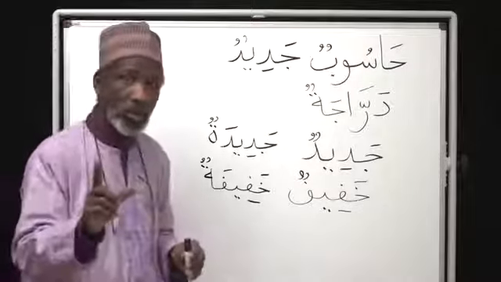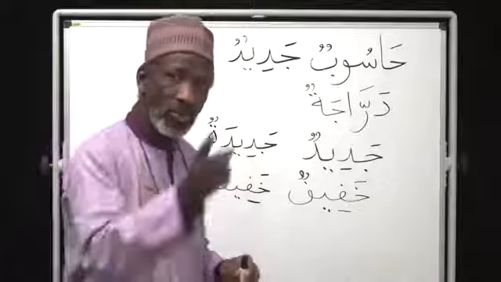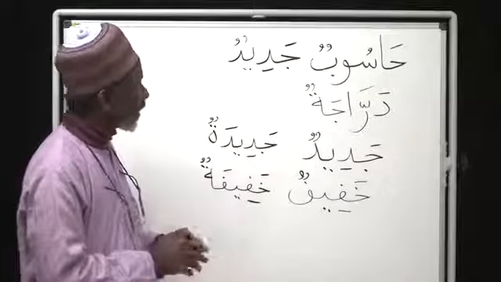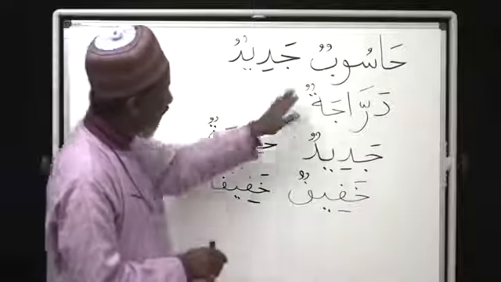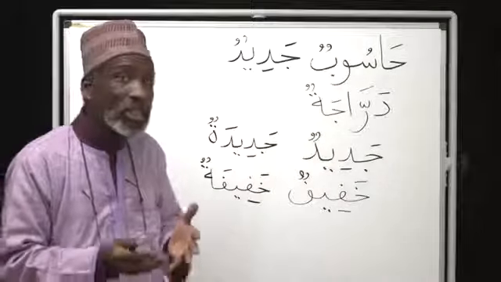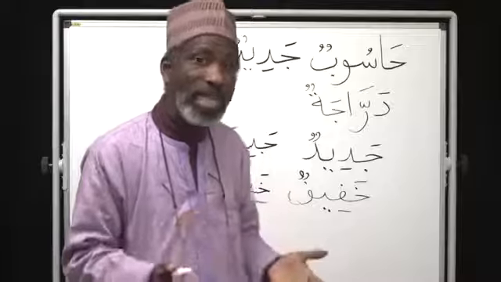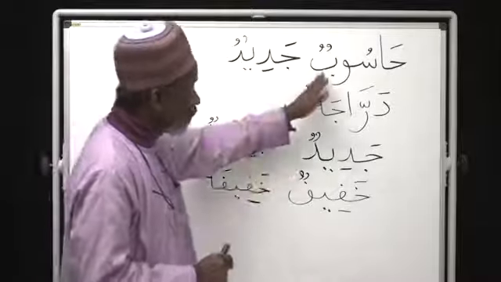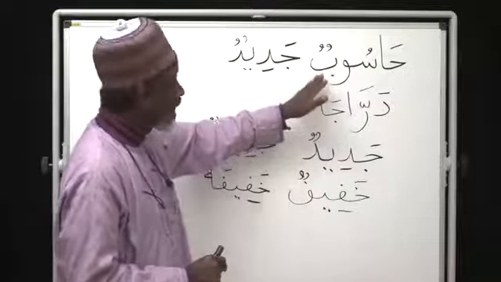Let's see what else is going on here. So your first rule is start with a noun, then describe it. Secondly, look at the hasubun. That's the indefinite noun. It's not specific. That's what indefinite means. So hasubun is indefinite.